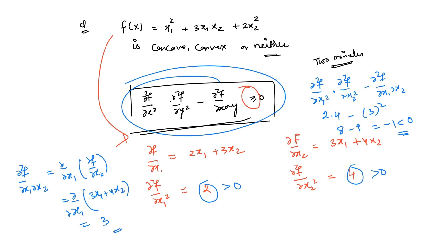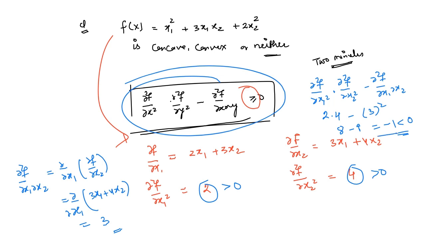So to check concavity or convexity of any function, always this condition, that means rt minus s square, del square f upon del x square into del square f upon del y square minus del square f upon del x del y squared, should be greater than or equal to 0. But here this is less than 0.